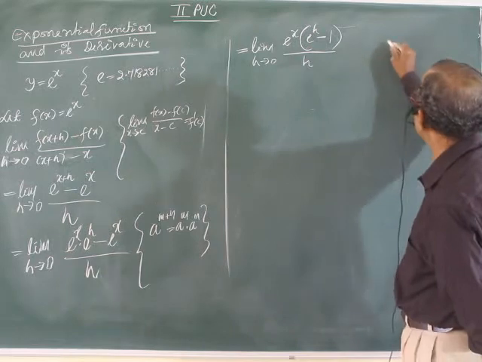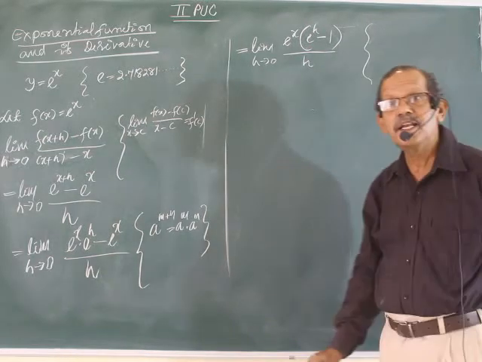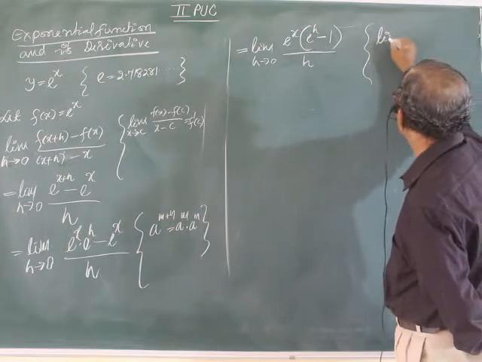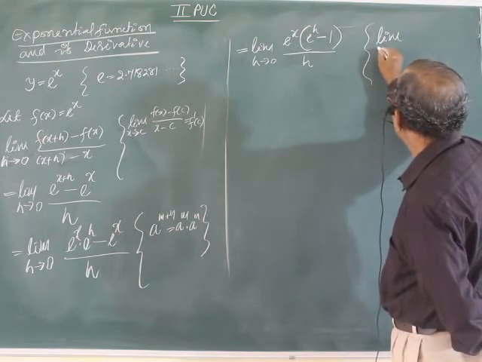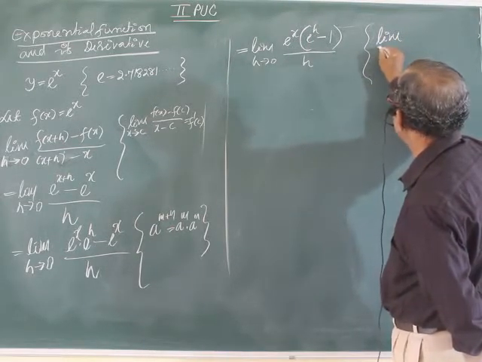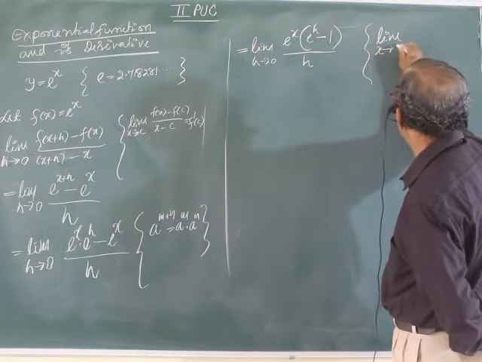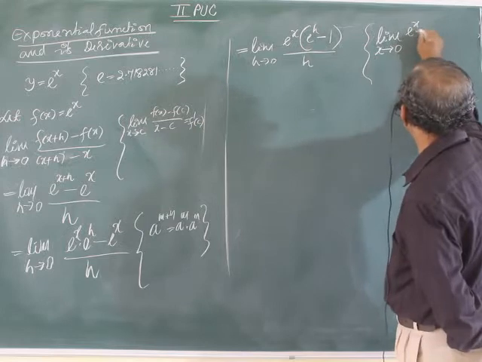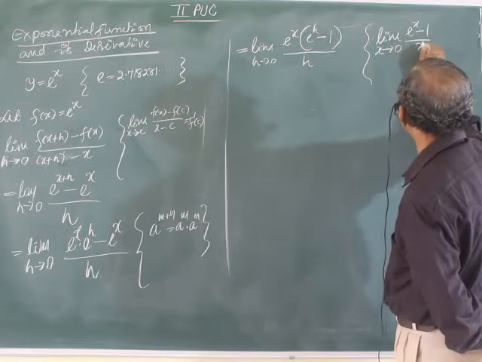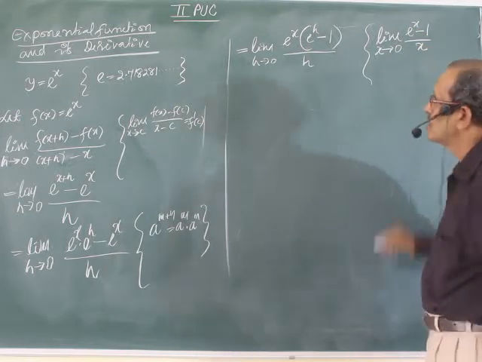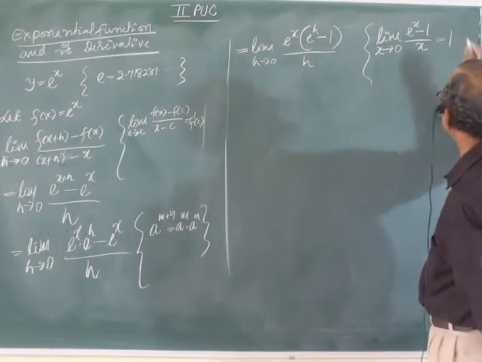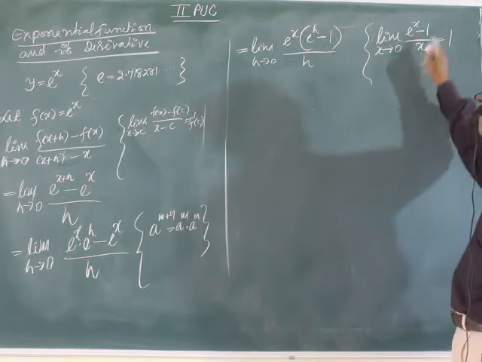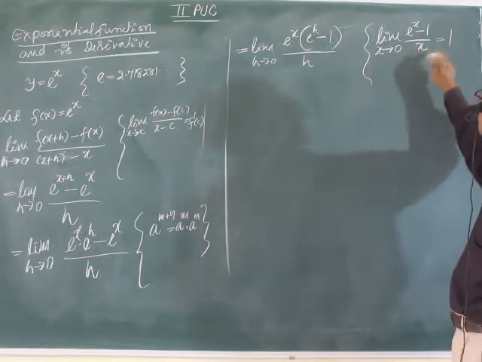But remember, we have the formula in the limit topic of first year. You have to recall that one. Limit x tending to 0 of e to the power x minus 1 divided by x is always equal to 1.